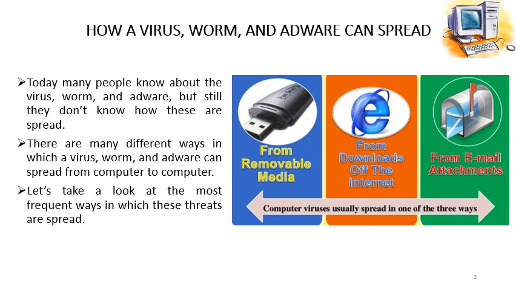And sometimes we download files from the internet, and mostly whenever we are surfing insecure websites, that will be the source of virus and other security threats. And email attachments. These are some of the common ways in which viruses can spread.